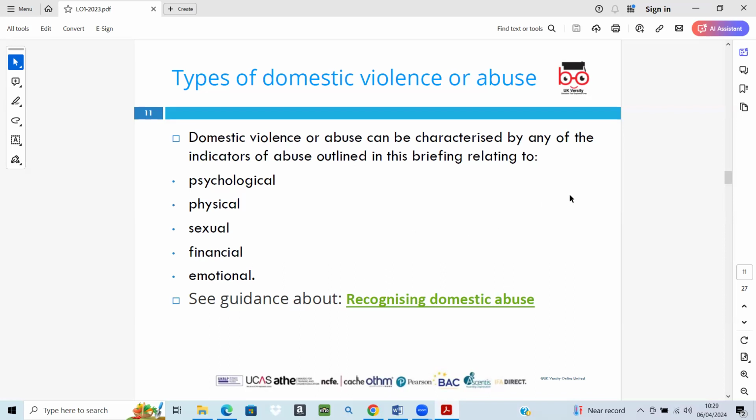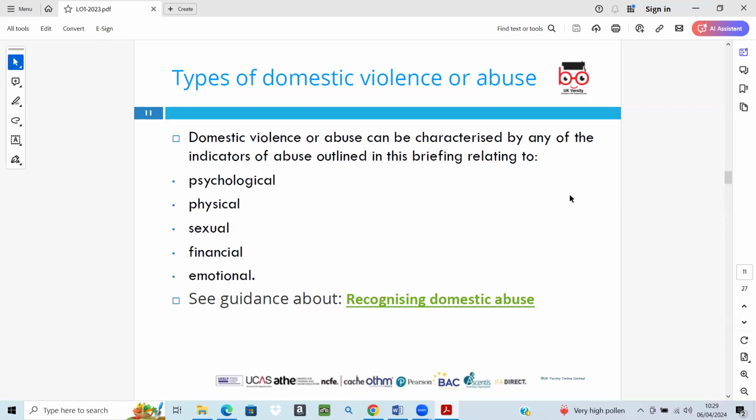It can manifest in various forms, involving physical, emotional, sexual, financial, and psychological abuse, and can occur in any relationship, regardless of age, gender, sexual orientation, or socioeconomic status.